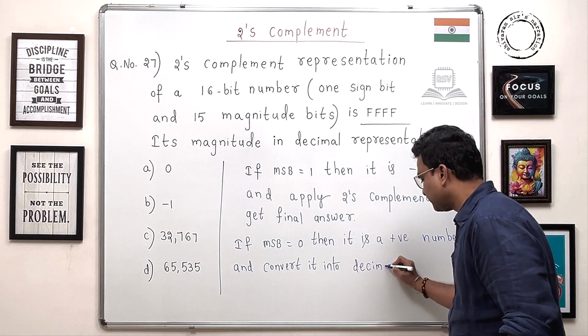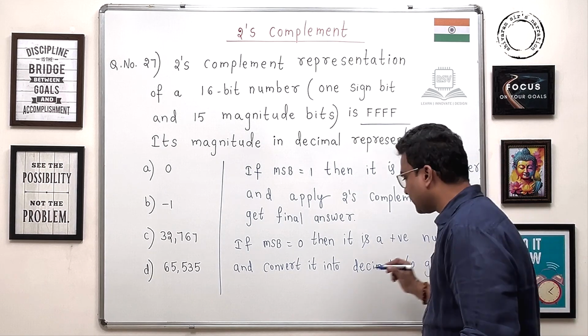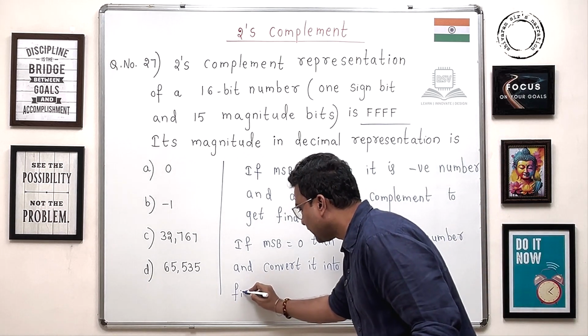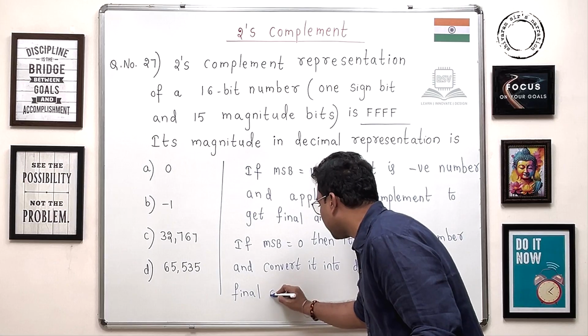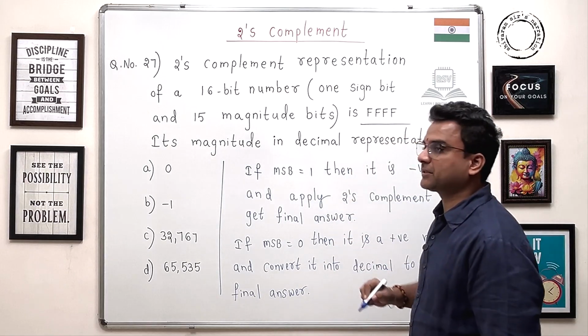That's it. Okay, this is the procedure to convert a 2's complement number into the decimal representation.